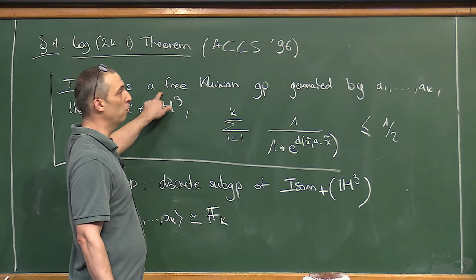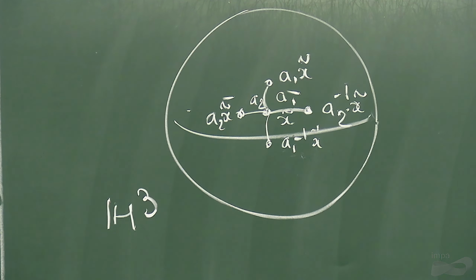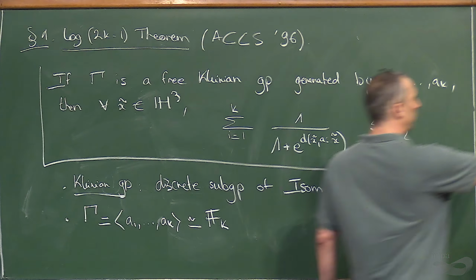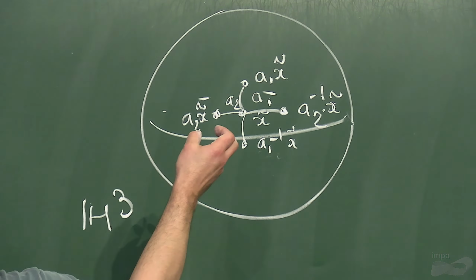What you will observe here, drawing this picture, is a tree of order 2k. So this theorem says that if all these displacements are short, there should appear a relation.